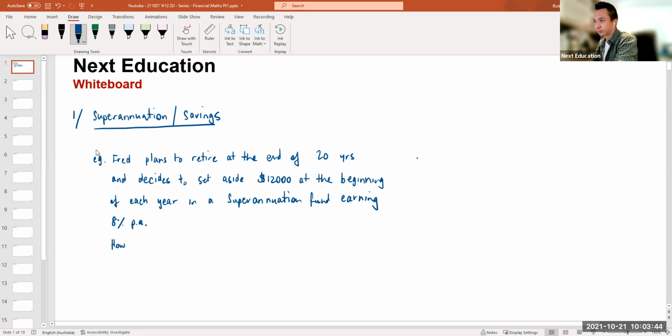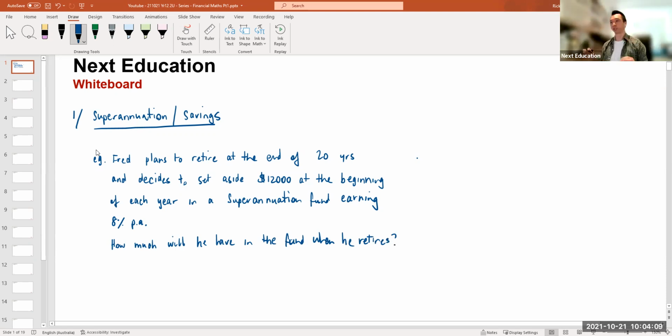How much will he have in the fund when he retires? Look, that is the classic structure for a superannuation savings question.